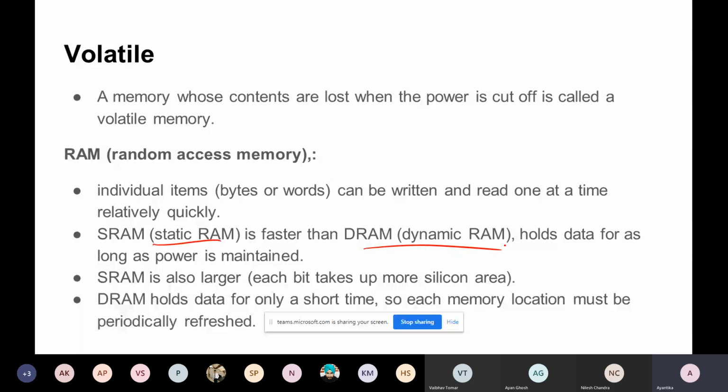Static RAM is faster, but it takes up more silicon area, and it is very costly also. So in spite of the fact that we prefer static RAM in terms of performance, we cannot always use that. Another option is dynamic RAM, which is not so costly, but of course is not as fast as well.